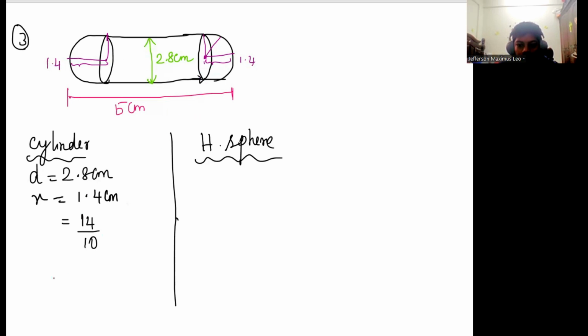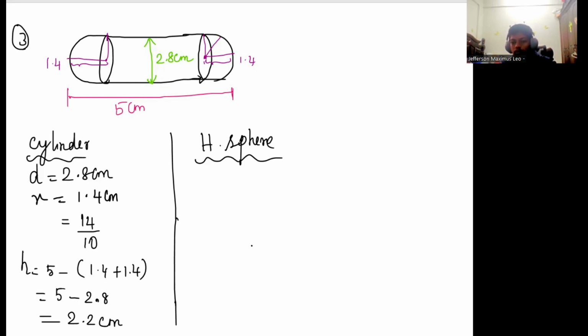So how to find the height of the cylinder now? Total length minus 2.8, so 5 minus 2.8. Yes, good. This is equal to 2.2 centimeter.